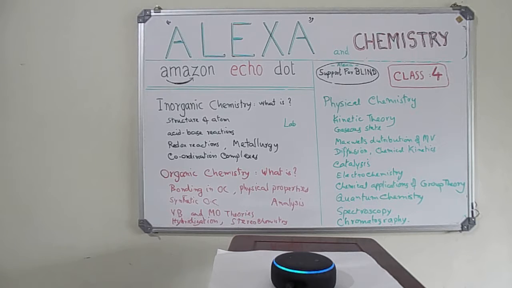Alexa, state kinetic theory. Right now in Kozhikode, Kerala, it's 30 degrees Celsius with cloudy skies. Tonight's forecast has thunderstorms with a low of 24 degrees. Alexa, that's not my question.